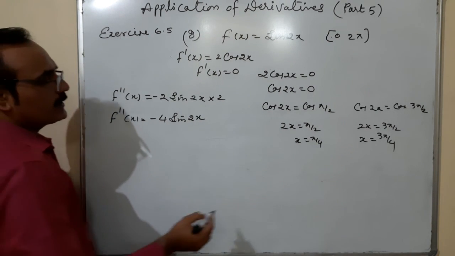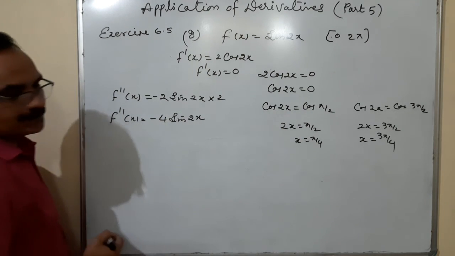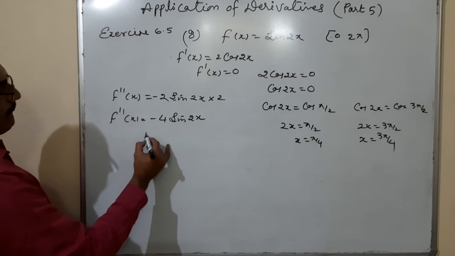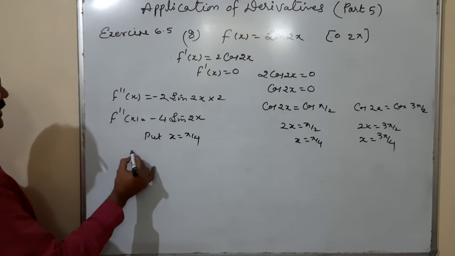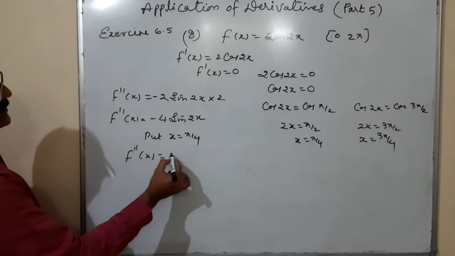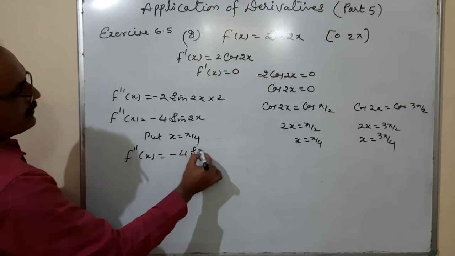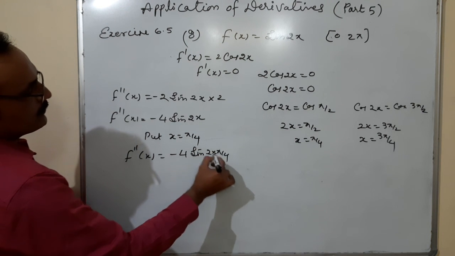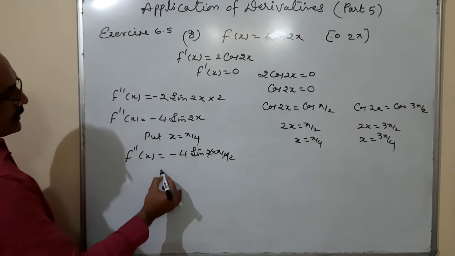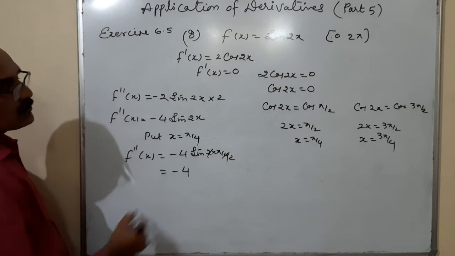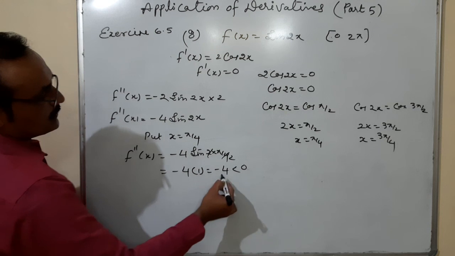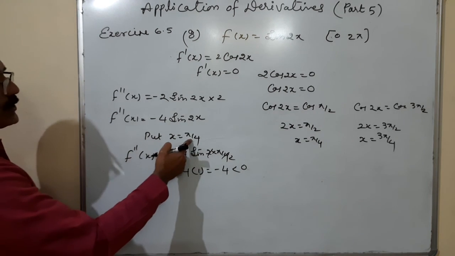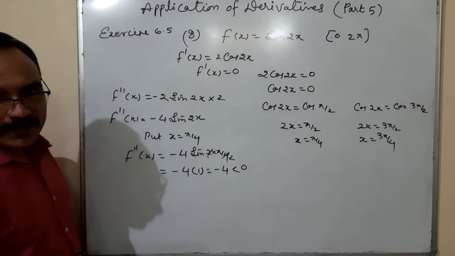If I put x is equal to pi by 4, then f double dash x is equal to minus 4 sine 2 multiplied by pi by 4, pi by 2. So it is coming minus 4 sine pi by 2, sine 90, that is 1. Minus, less than 0. That means at x is equal to pi by 4, it attains a maximum.